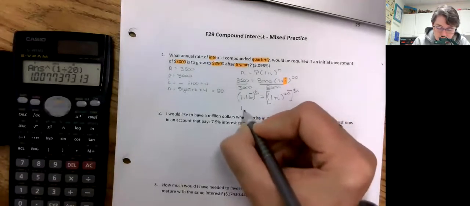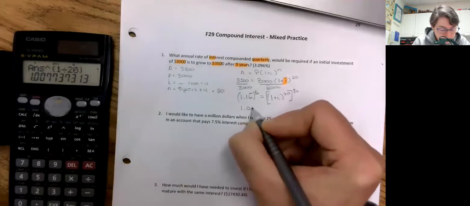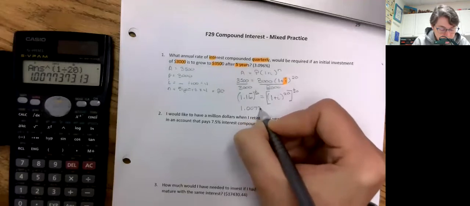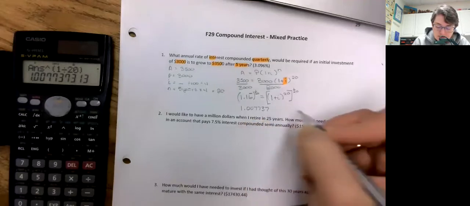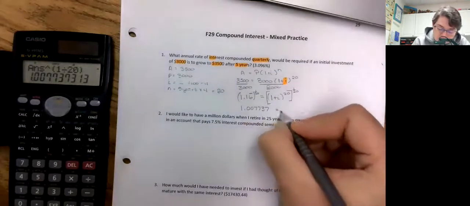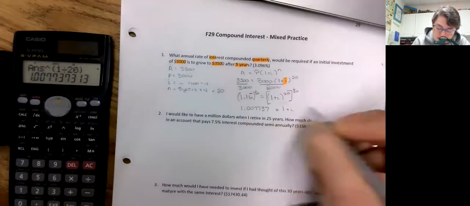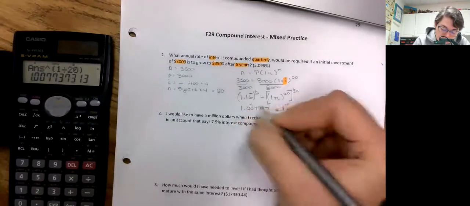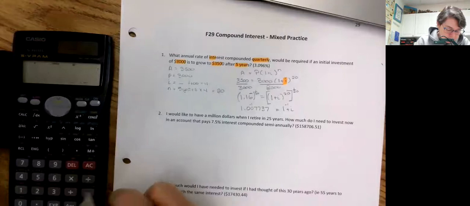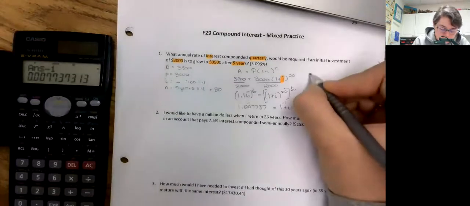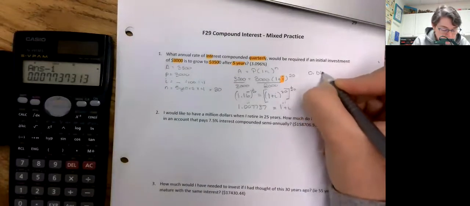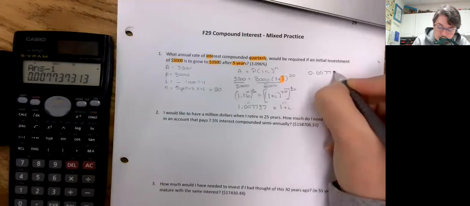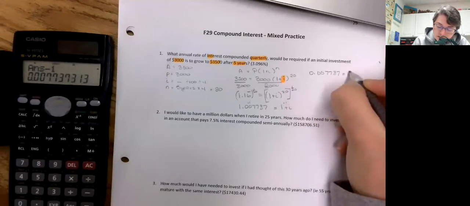And I get 1.007737. I don't know how many I need there, so I'm just going to write them all. That is 1 plus I. Subtract 1, subtract 1, subtract 1. So 0.007737 is equal to I.